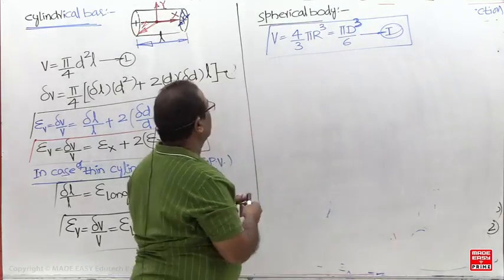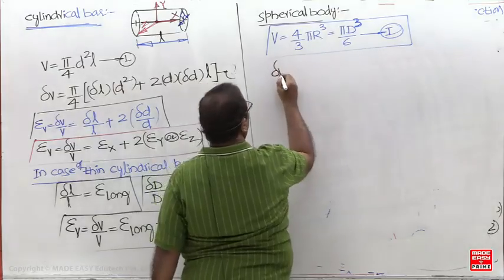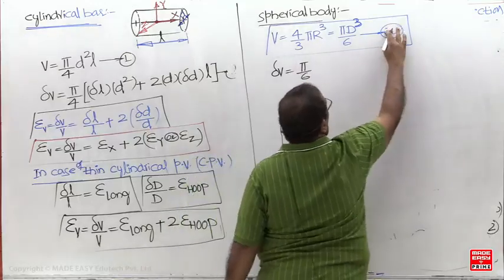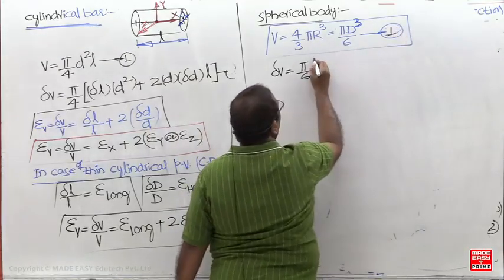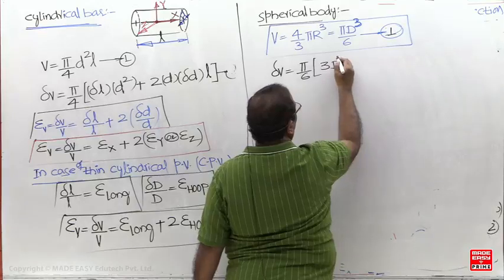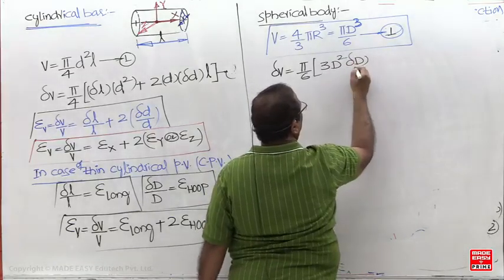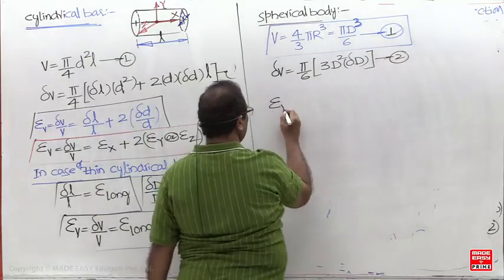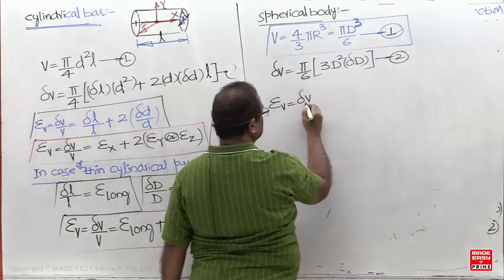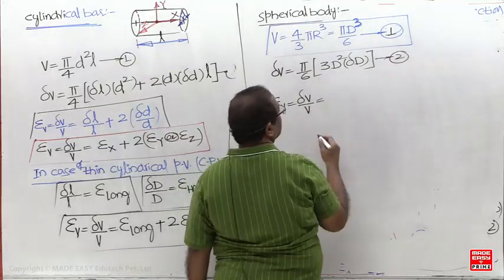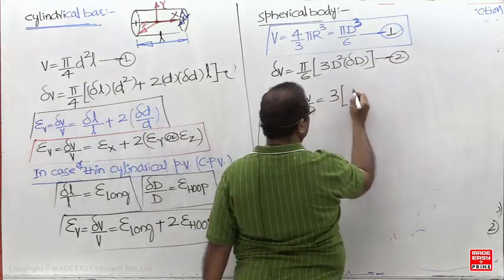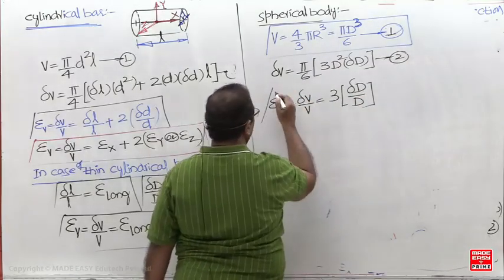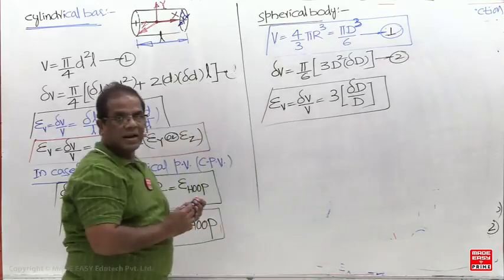And if we differentiate this, the volumetric strain, which is change in volume upon original volume, is 3 times delta D upon D.